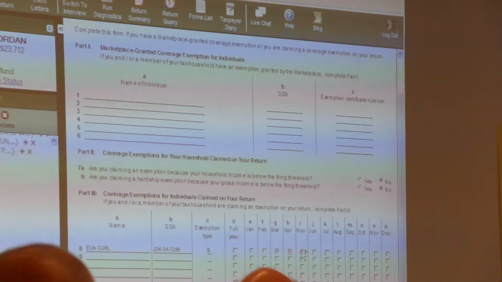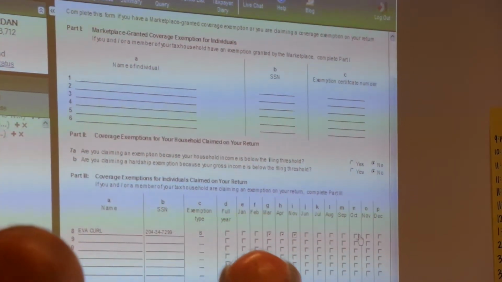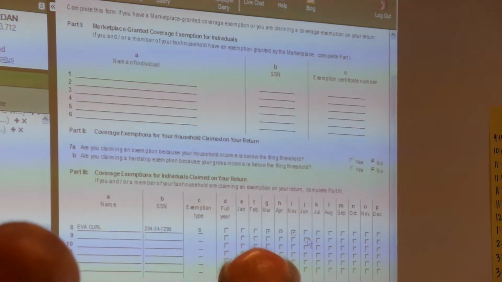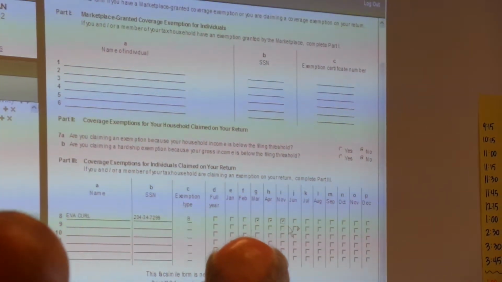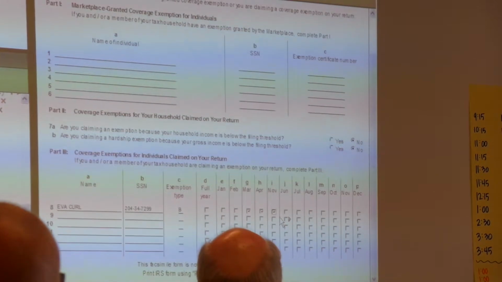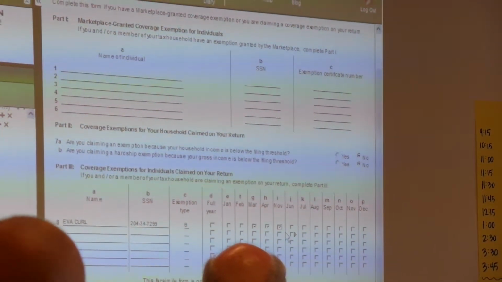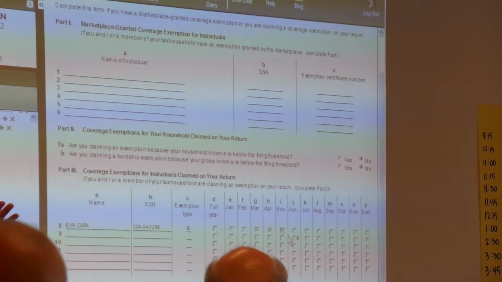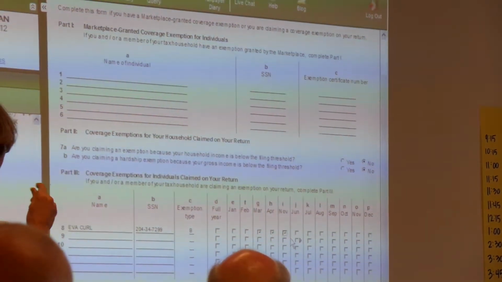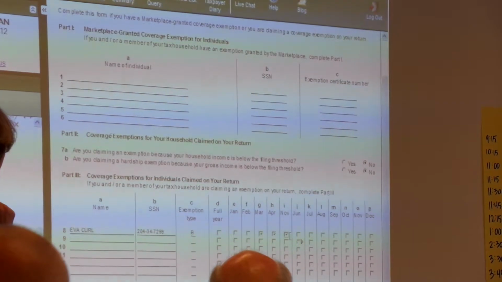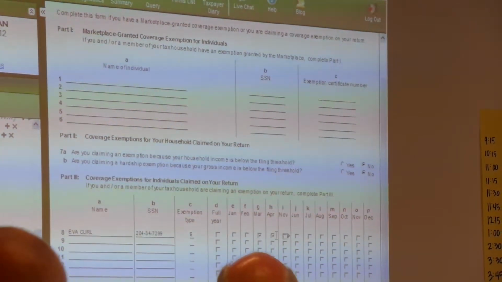All right, now you'll also remember that Eva had her exemption for only the first 2 months of the year, right? So Mom got her in CHIP in March. So actually, you're going to check January and February. Those are the 2 exemption months.